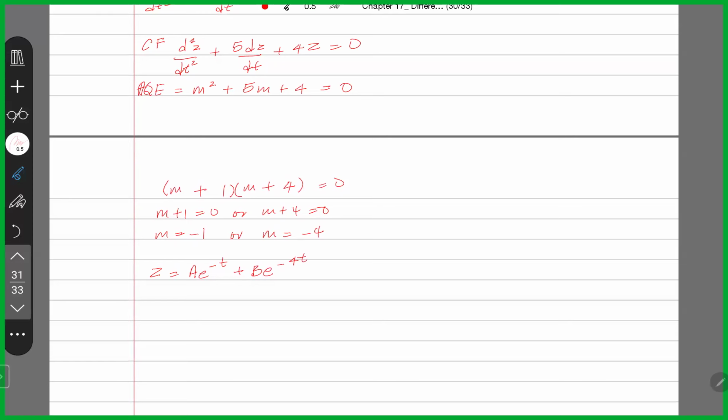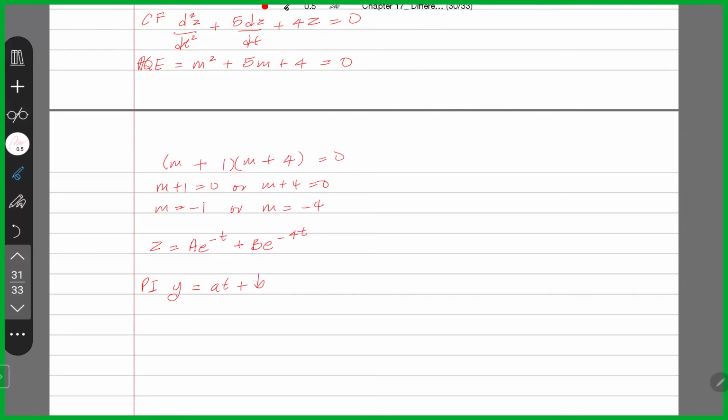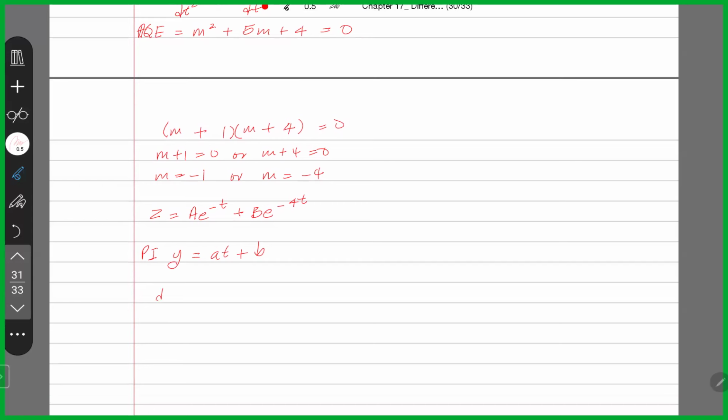Next, we need the particular integral. It's of the same form as the f of x, so it's equal to at plus b. Our job is to find out a and b. I keep writing y. It's actually z. So it's z equals at plus b.